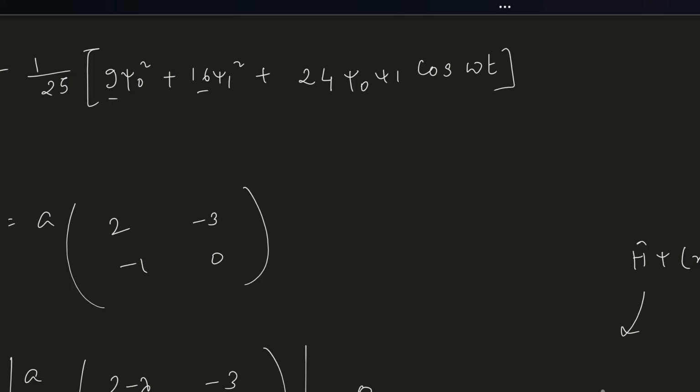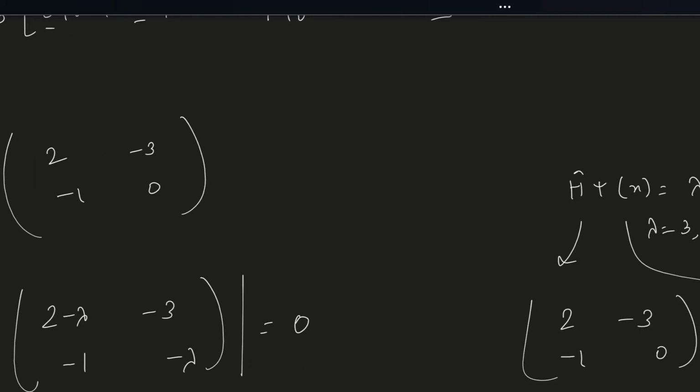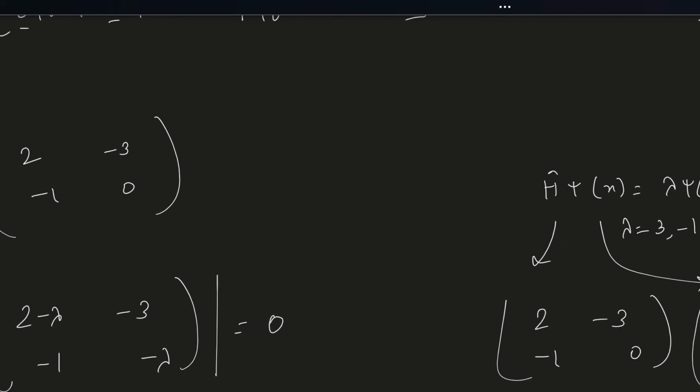For the first one, with the matrix 2, minus 3, minus 1, 0, let's say psi x is given as the terms x1, x2, and the first eigenvalue is 3. So you get 2x1 minus 3x2 equal to 3x1, and another equation, minus x1 plus 0 is equal to 3x2.